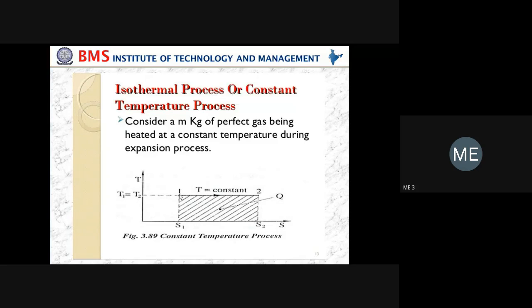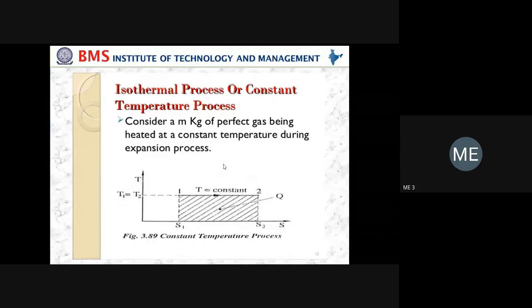This is the nature of the curve for an isothermal or constant temperature process. Remember, practice the PV diagram and the TS diagram for all these 5 processes. So the third process is isothermal, and the nature of the curve is a horizontal straight line.